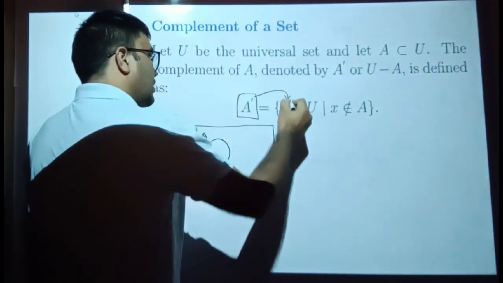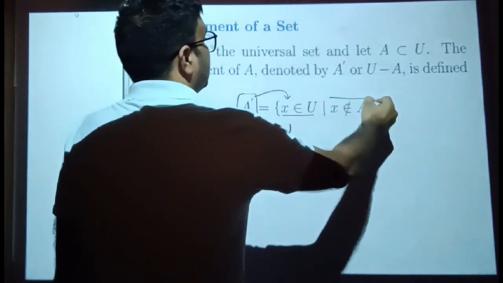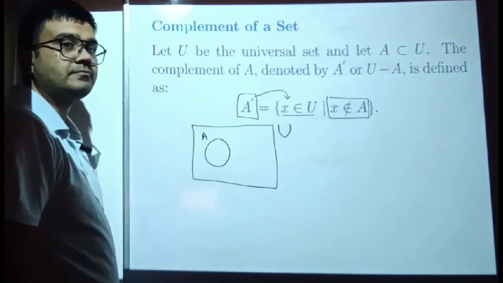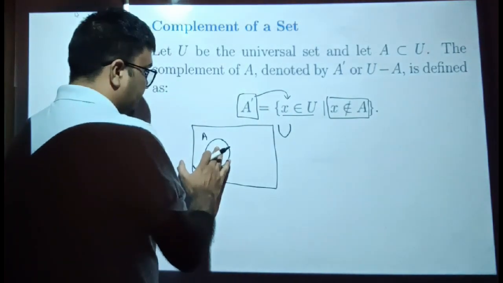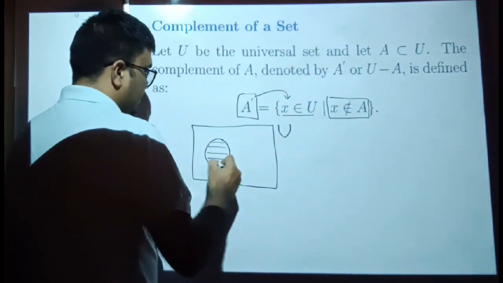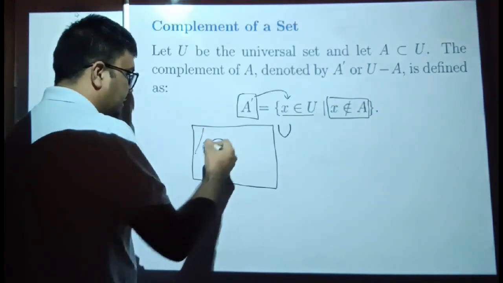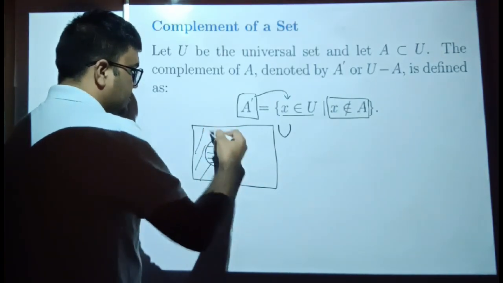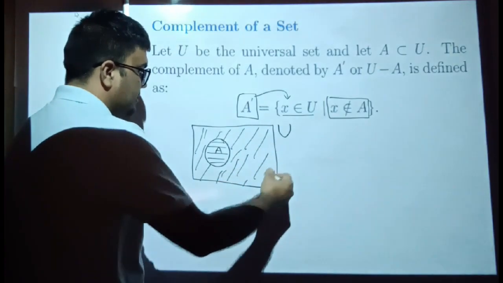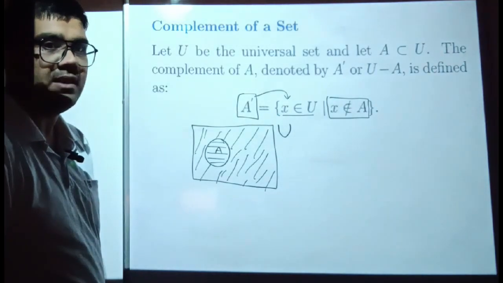They are all elements of the universal set which are not elements of A. If this is the set A, then the complement of the set is the region of U which is outside A, the elements of U which are not elements of A.